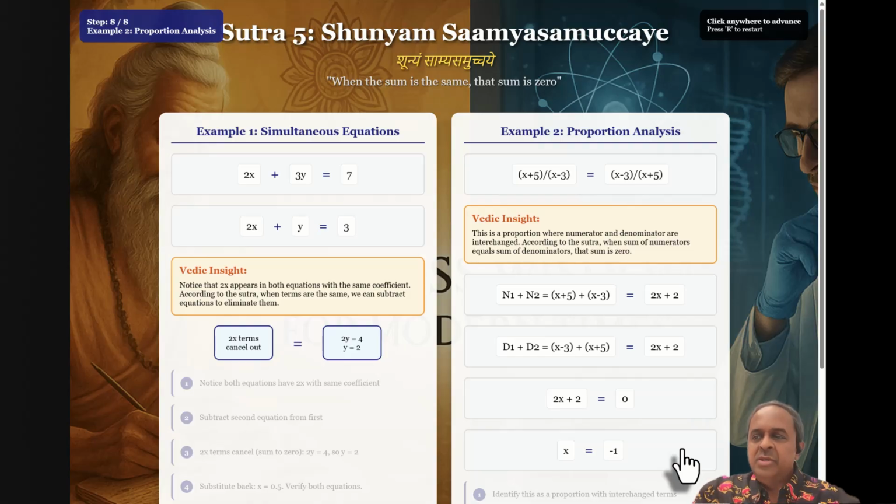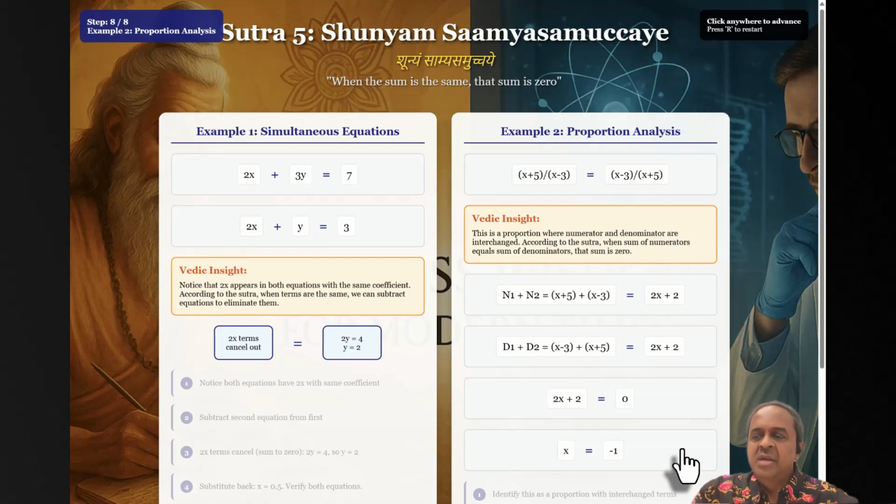So Shunyam Saamyasamuccaye reveals the profound mathematical insight of the ancient Vedic sages. By recognizing patterns in equations and proportions, they developed methods that simplify complex problems.